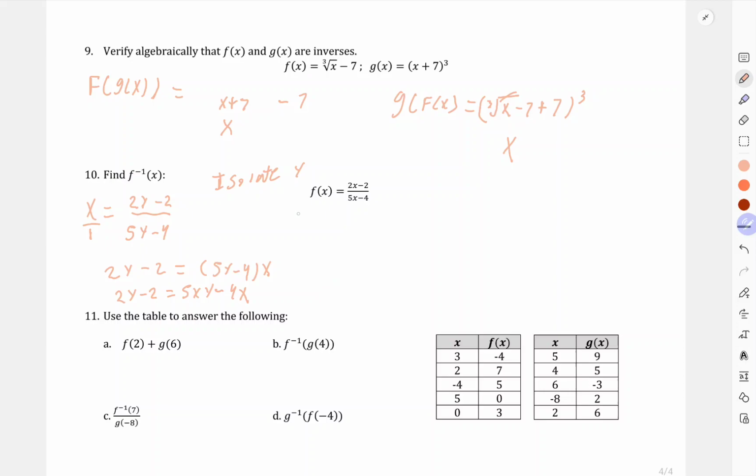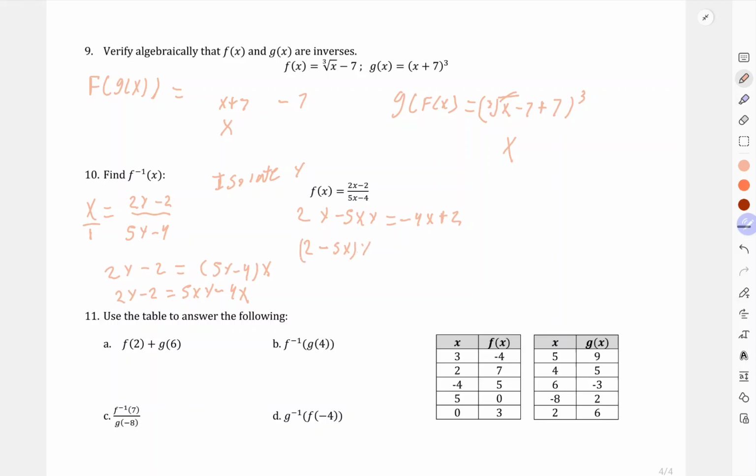Okay. So our next step is putting this down. 2y minus 5xy equals negative 4x plus 2. Okay, now we come over here and we factor out the x, right? So now we're left with, actually we factor out the y because we can factor out y.